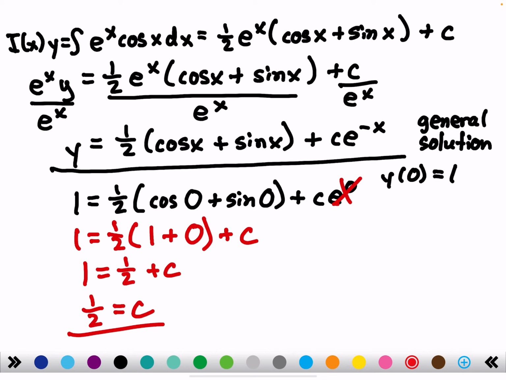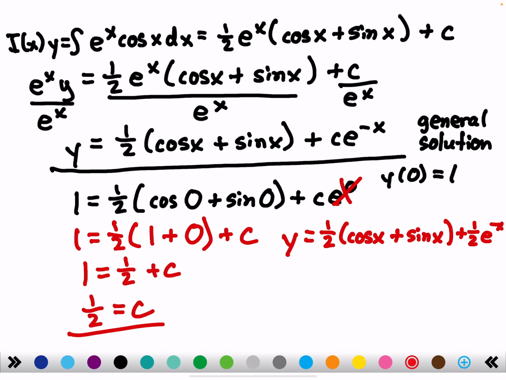So we'll substitute 1/2 in for c into the general solution, and that will give us 1/2 times cosine x plus sine x plus 1/2 e to the power negative x.